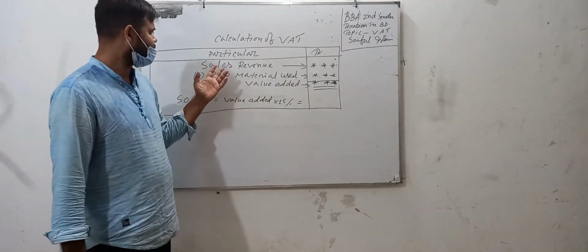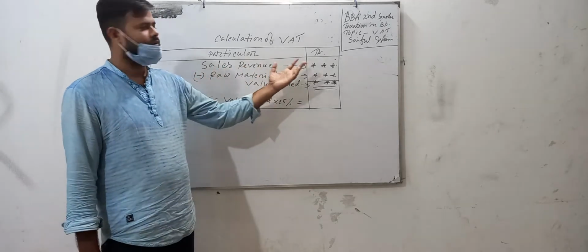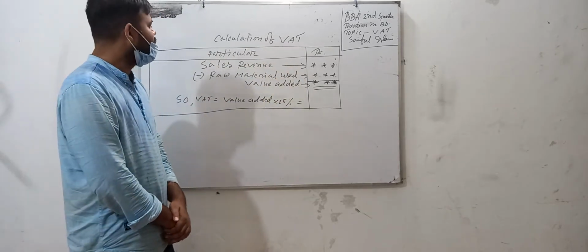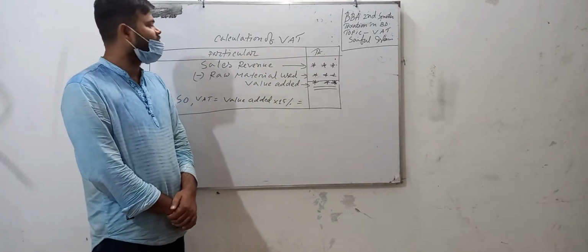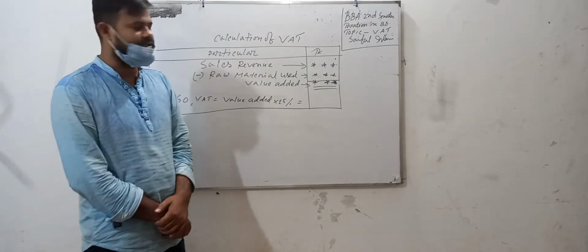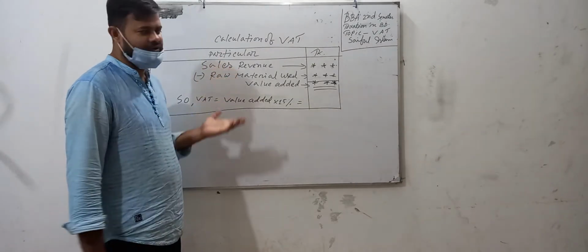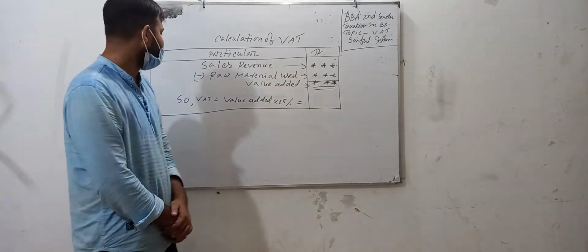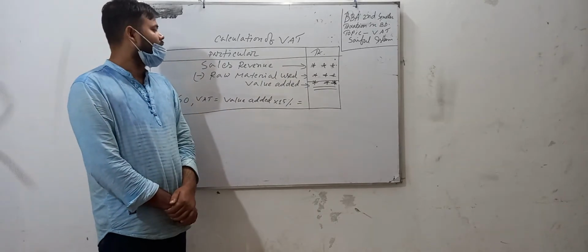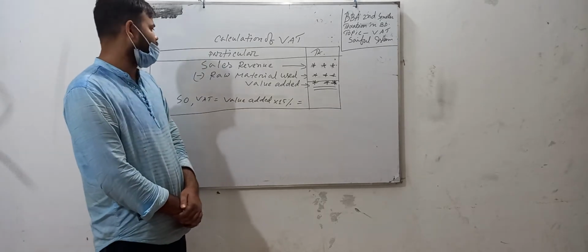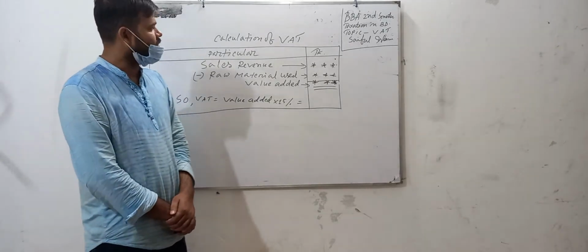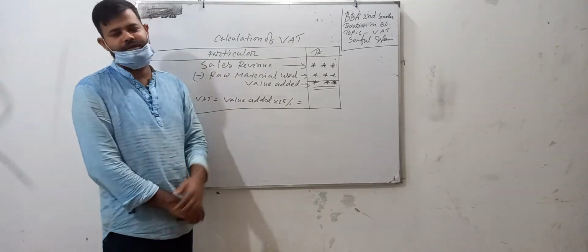At first, we will write sales revenue. We find sales revenue from the first table, that means the calculation of sales. From that table we will get sales revenue, minus raw material used. From where will we get raw material used? When we calculate sales, in the first part you will get raw material used.